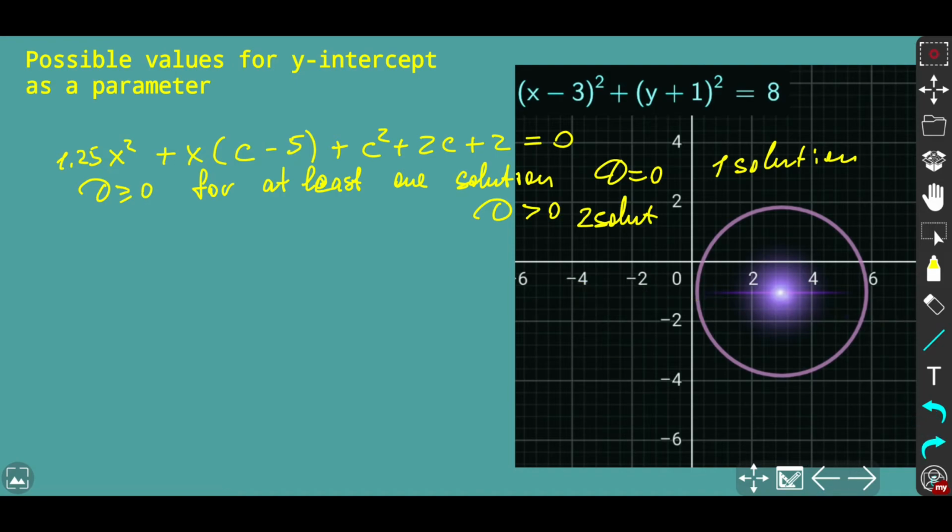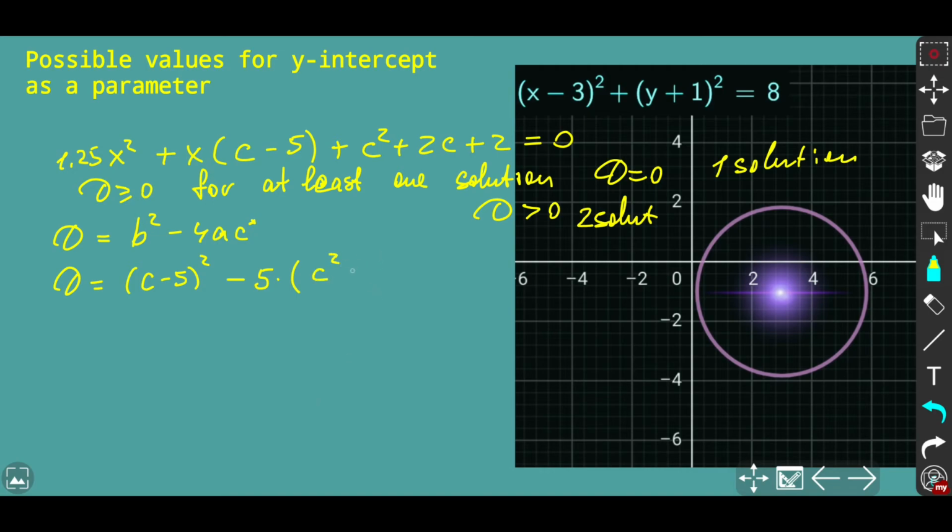So the discriminant is b squared minus 4ac, and c is not the same as we have in the equation, so it's different. Okay, and right now I want to construct the discriminant as (c minus 5) squared minus 4 times 5 times what I have here, c squared plus 2c plus 2.